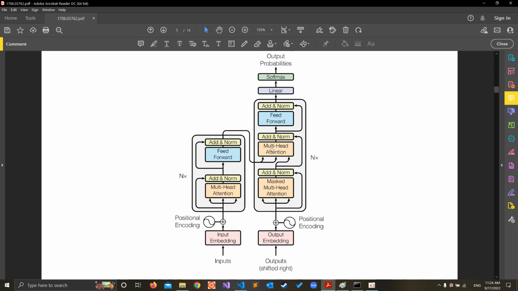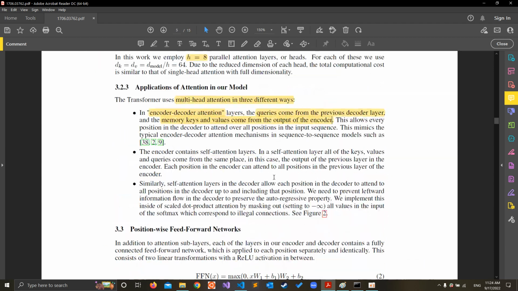Two things are coming in here, which are the keys and values, and these are the queries coming from the previous decoder. So they have encoder-decoder attention, which uses queries from the previous decoder layer and keys and values from the output of the encoder. This allows every position in the decoder to attend over all positions in the input sequence, mimicking a typical encoder-decoder attention mechanism in sequence-to-sequence models.